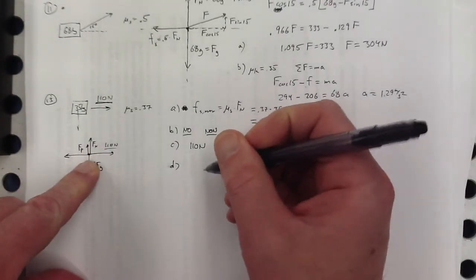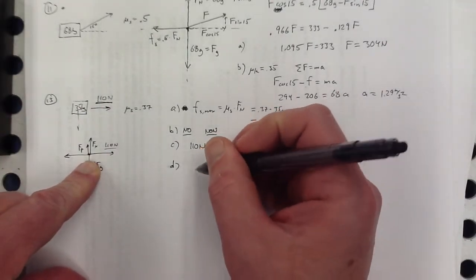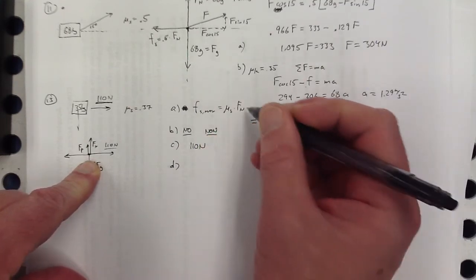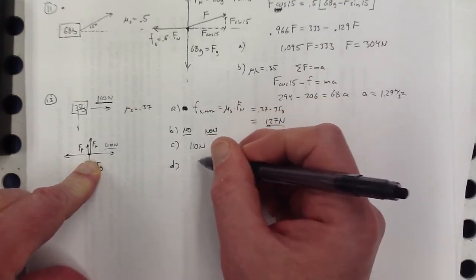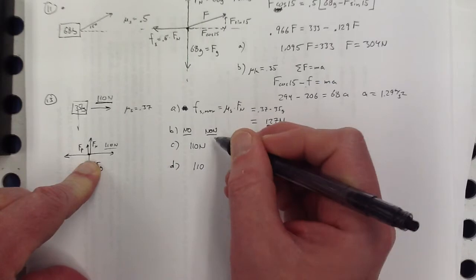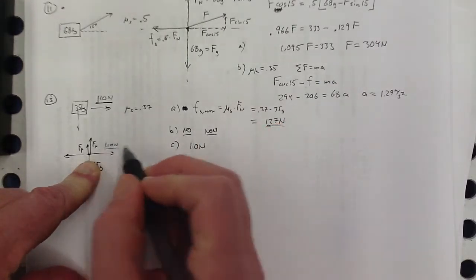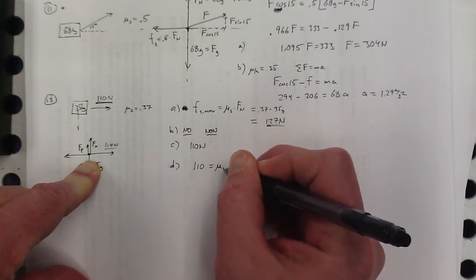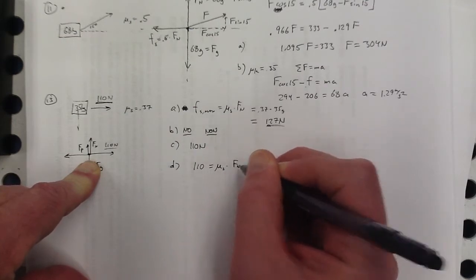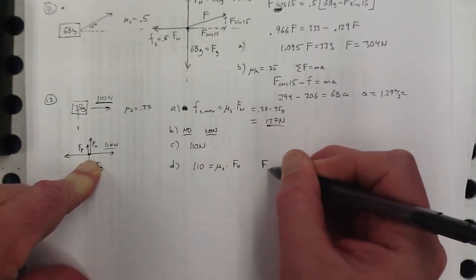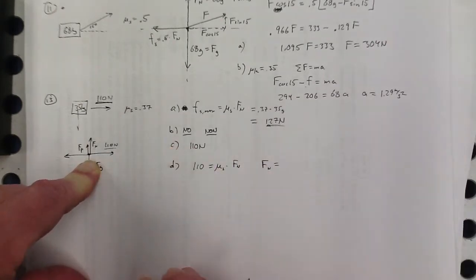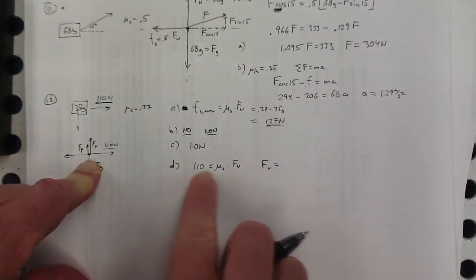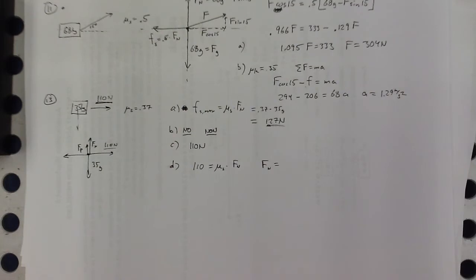What I need then is for the normal force, if 110 is going to get it moving, because I'm not increasing this, then 110 would have to be equal to the force of static friction times the normal force. So that normal force is going to have to be reduced to 110 divided by 0.37.